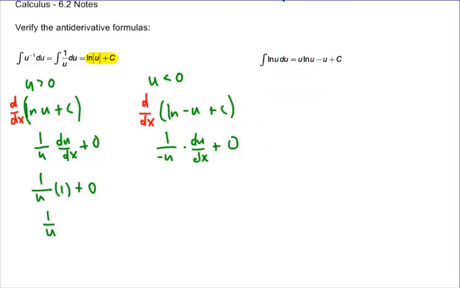And when I look at the derivative of u, it's going to be negative 1. So I've got 1 over negative u times negative 1 plus 0. And this is just 1 over u, which also is what we had.